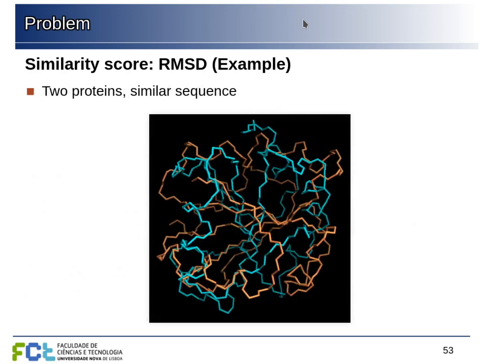So let's see an example. We have these two proteins, one represented in blue, another represented in orange here, and they have a similar sequence, and we want to measure how different the structures are. If we look at them like this, the structures seem to be very different, but they are not correctly superimposed one to the other.